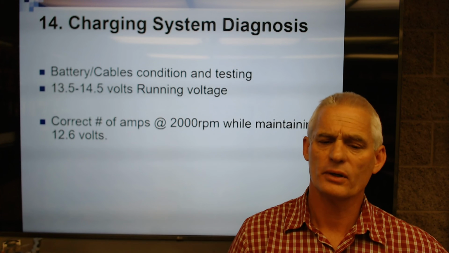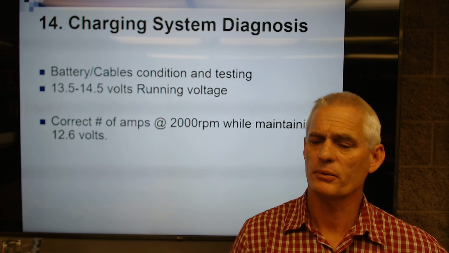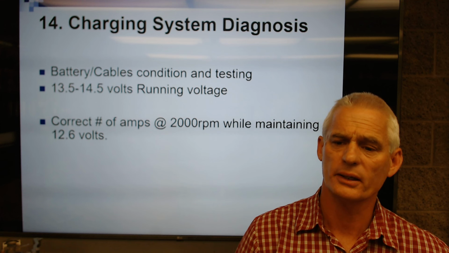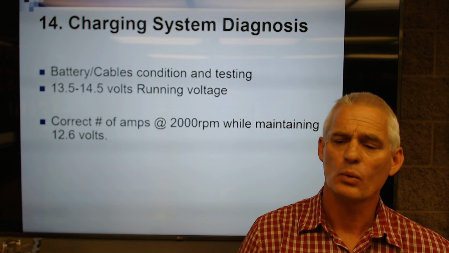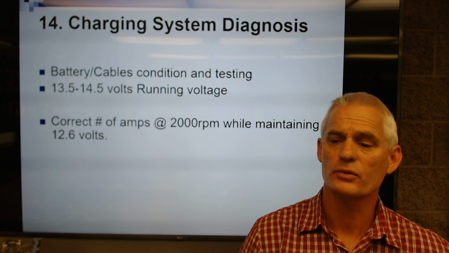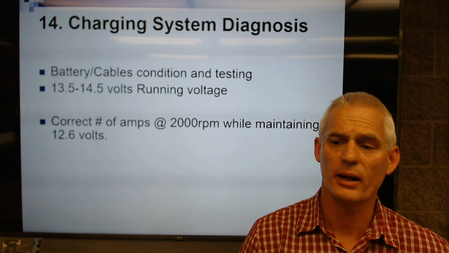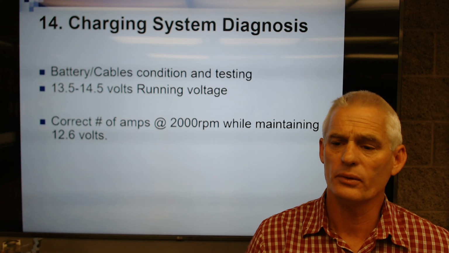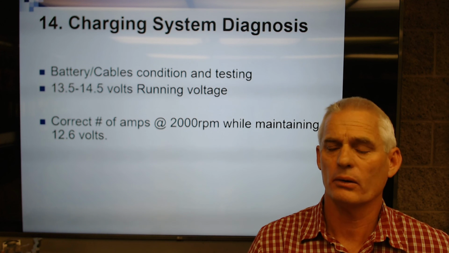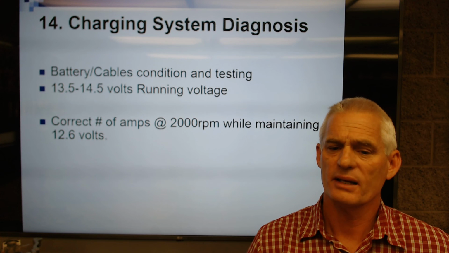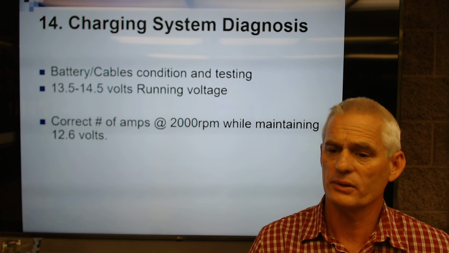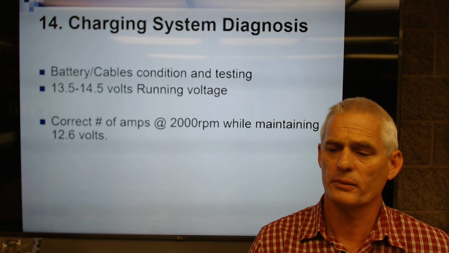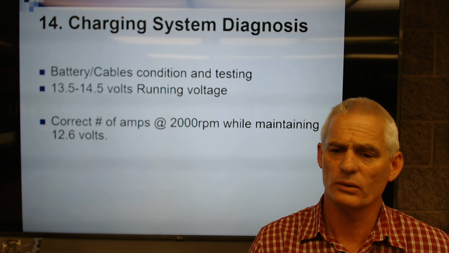Then we want to make sure that we have the correct number of amps being produced by the alternator at 2000 RPM while maintaining a minimum of 12.6 volts. So when we do an alternator output test, we're going to load the alternator and see if we can get the correct number of amps at 2000 RPM while maintaining 12.6 volts.